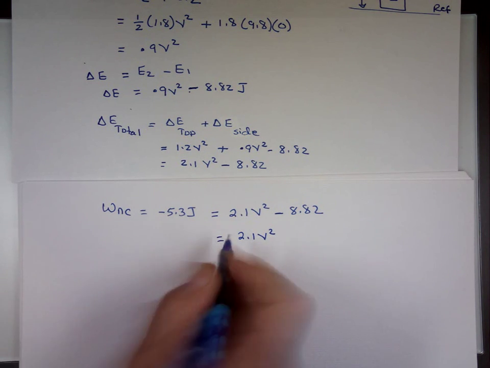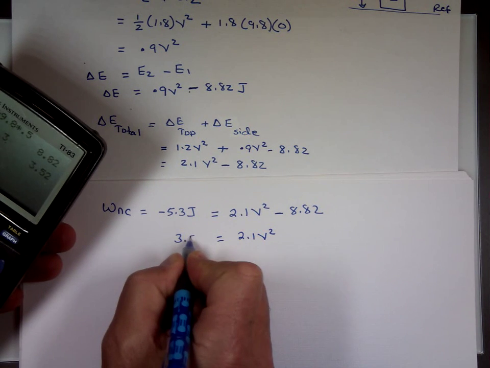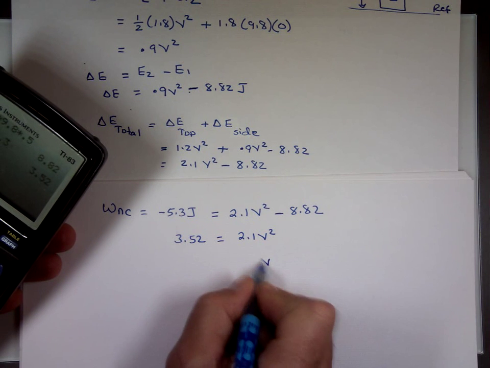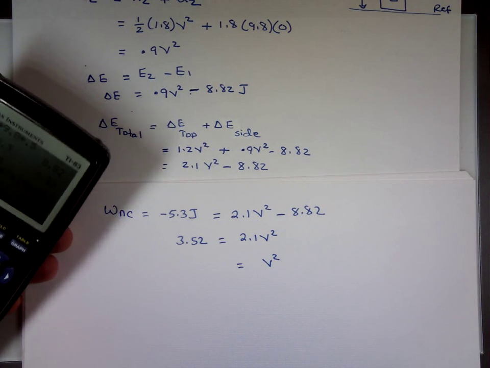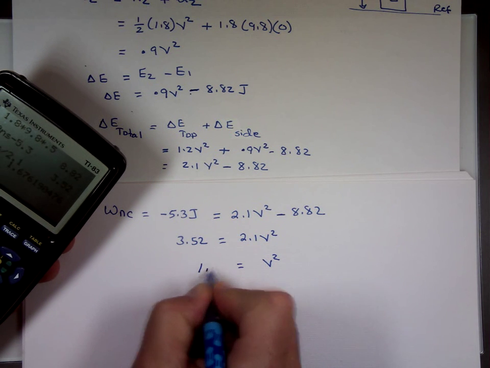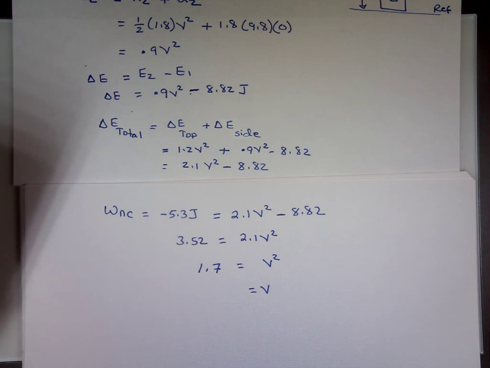And you end up with 3.52 divided by 2.1, roughly 1.7, and v will be the square root of that number, which is 1.29, or 1.3 meters per second.